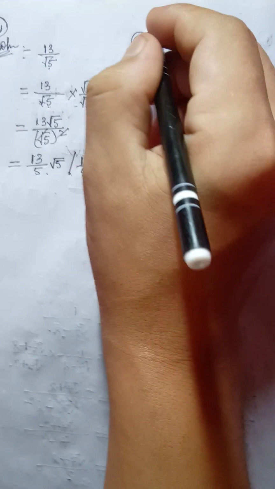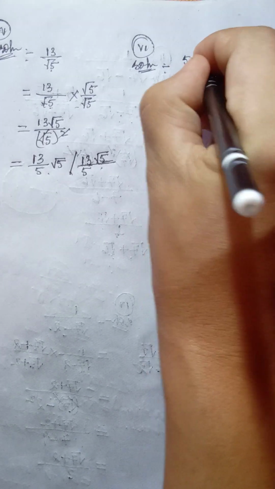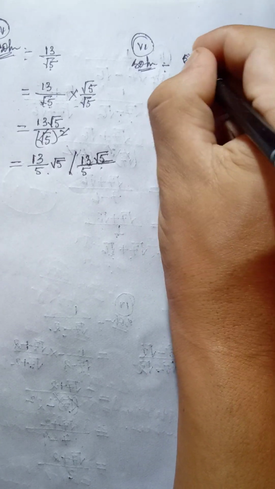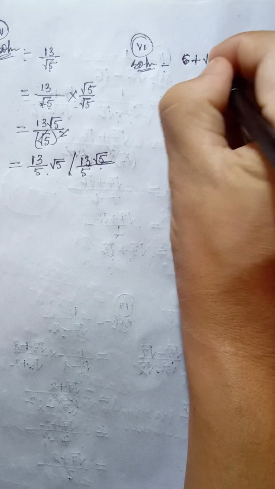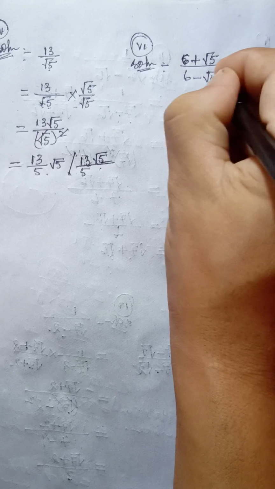And what is the next problem? That is Roman number 6. What do we have in Roman number 6? It should be 6 plus root 5, divided by 6 minus root 5.